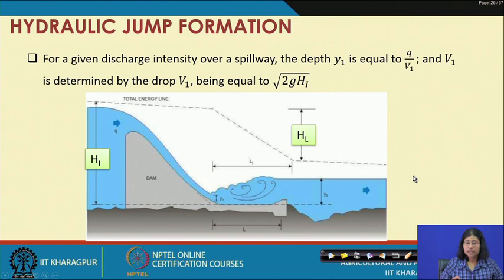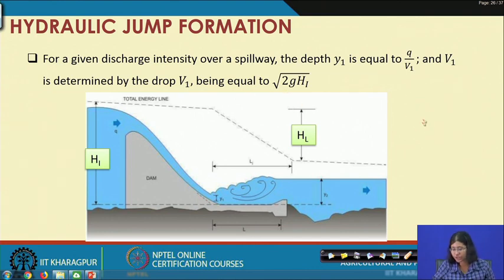So, for a given discharge intensity over the spillway and at a depth of y1, the first conjugate depth y1 is equal to q by V1. So, this is the discharge, this is the total energy line, this is HL the gradient, and H1. y1 is the ratio of the discharge q divided by V1, and V1 is determined by the drop, V1 equal to root under 2gH.